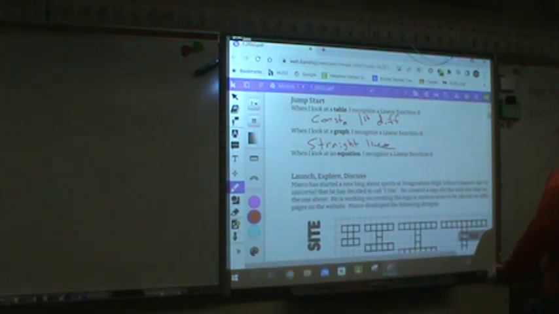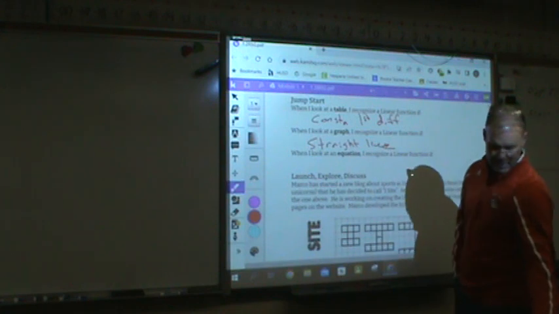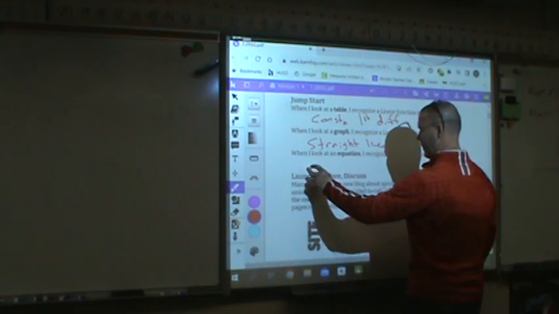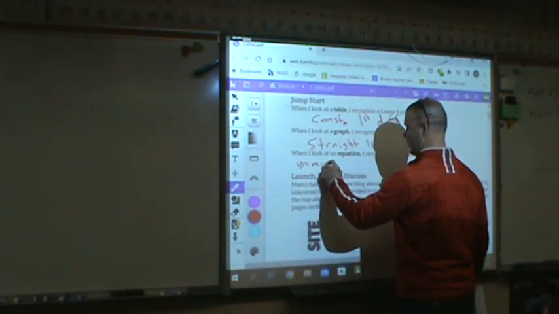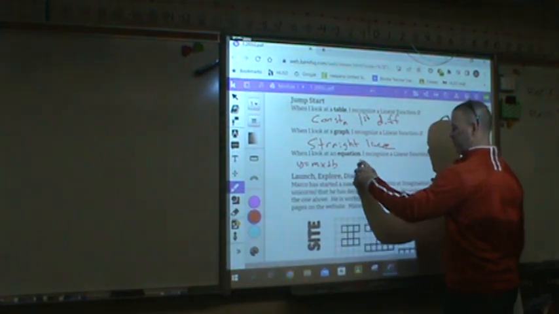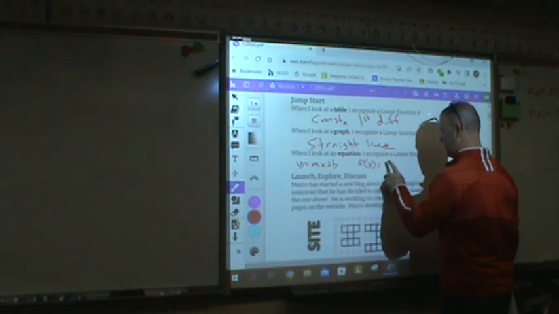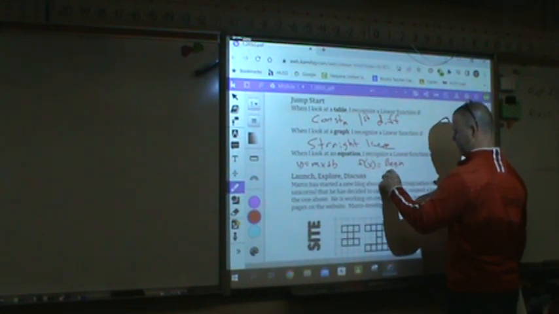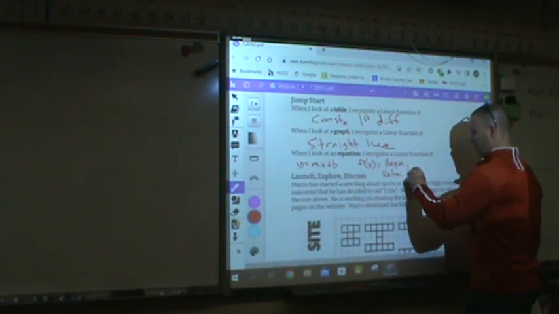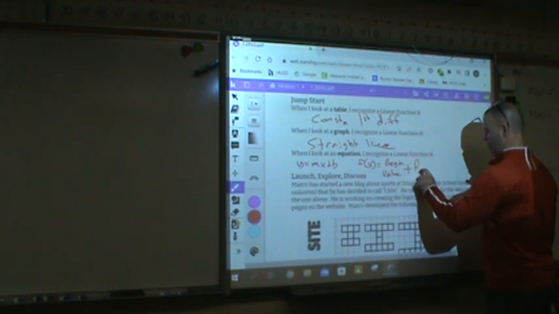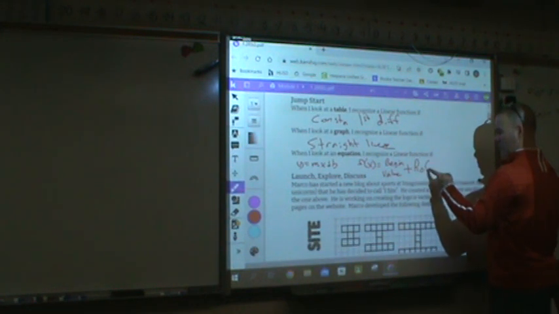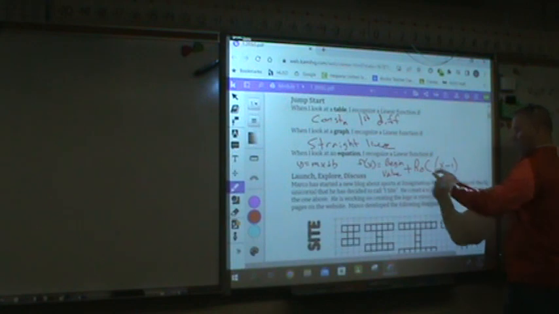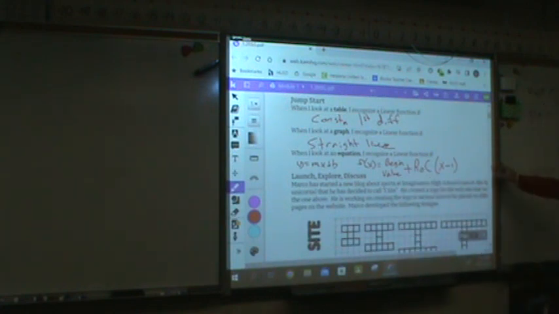When I look at an equation, I recognize it's a linear function if it's in y equals mx plus b, or f of x equals my beginning value plus my rate of change, ROC, times x minus 1. If it's in that form as well, then I know it's linear.